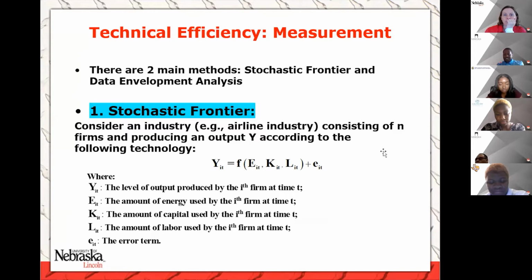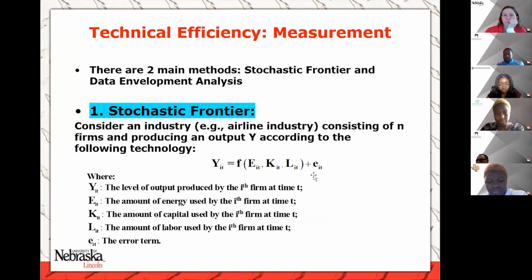Let's consider an industry, for example the airline industry, consisting of n firms and producing an output Y according to the following technology. The company uses energy E, capital K, and labor L, and ε is the error term.